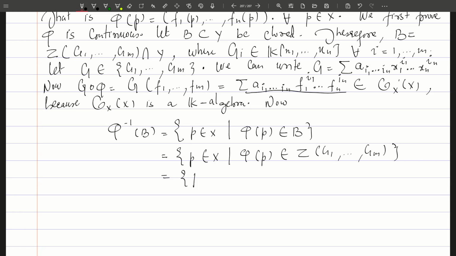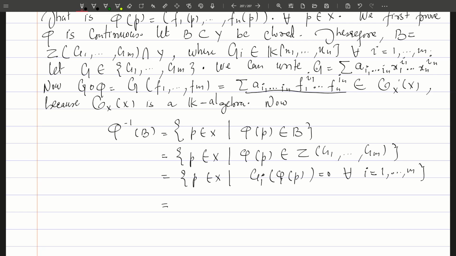So this is the same as the set of all points P in X such that Gi of phi of P is 0 for all i equal to 1 up to m, because if phi of P is inside this set, that means each Gi evaluated at this point, phi of P, is 0. So that is what I write here.